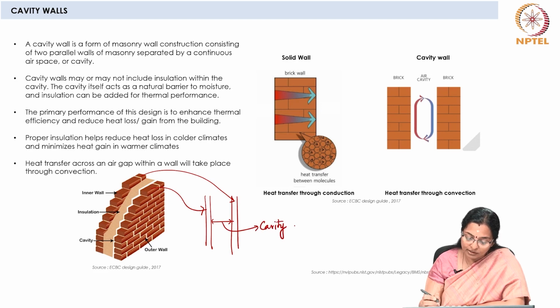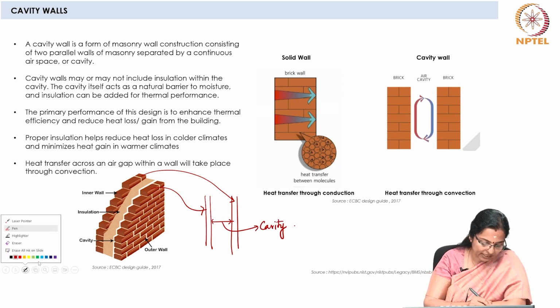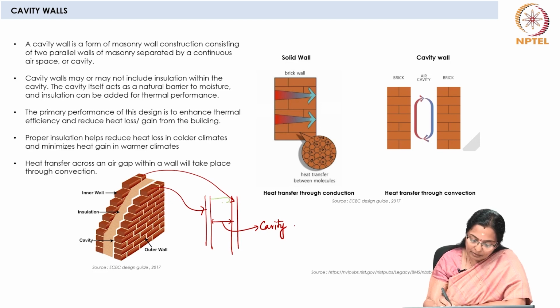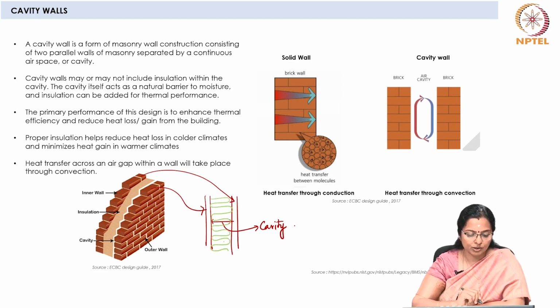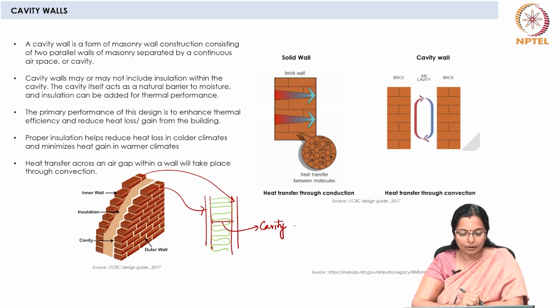The cavity walls may or may not include insulation within the cavity, whereas sometimes the cavity wall could have an insulation in between that. So the cavity itself acts like a natural barrier of moisture, and the insulation can be added for better thermal performance.